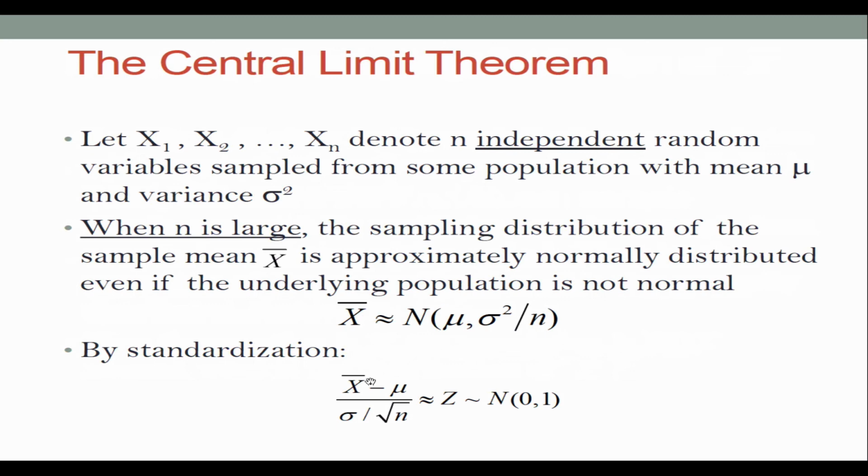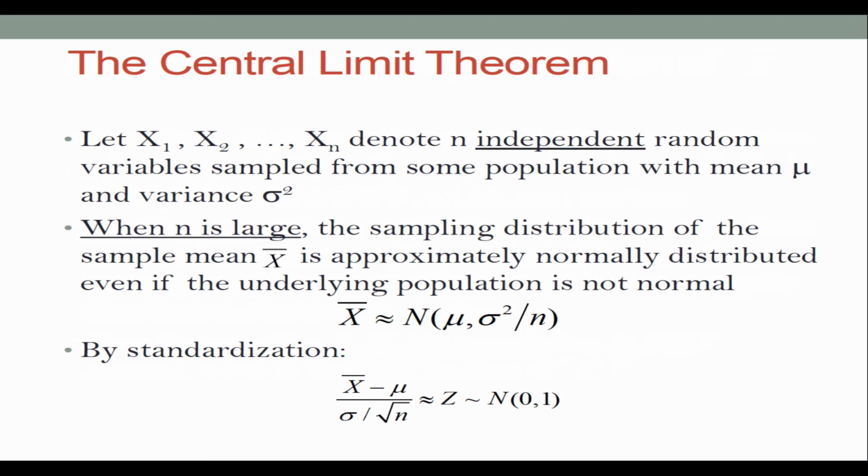So if those two conditions, independent samples and large n, are satisfied, x bar is approximately normally distributed with mean mu, the population mean, and standard error sigma over the square root of n. Since this quantity is normally distributed, we can do some transformation to show that x bar minus the mean, divided by the standard error, is standard normally distributed.